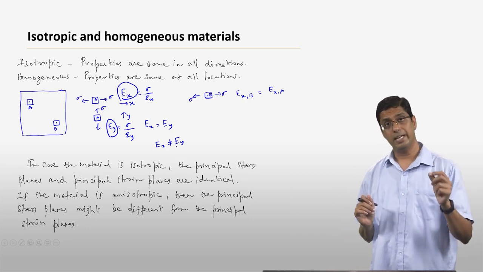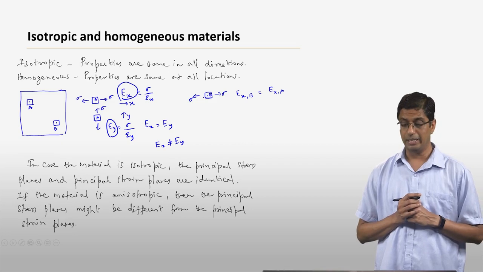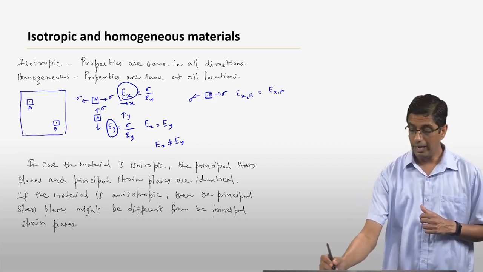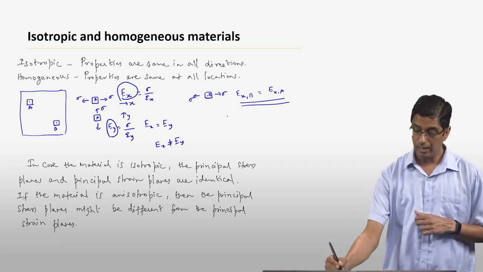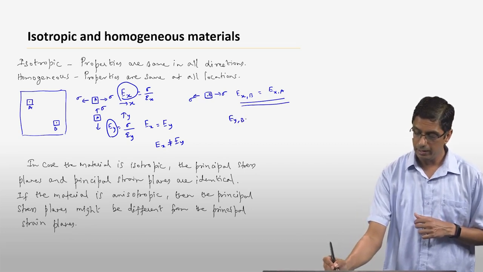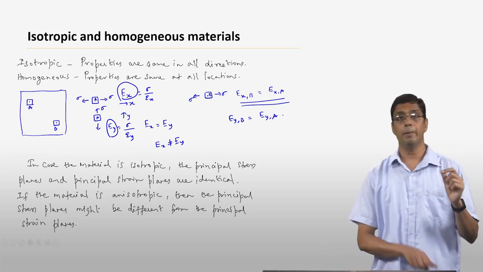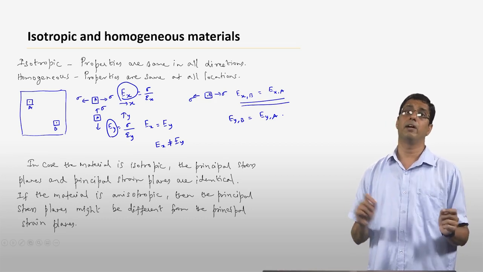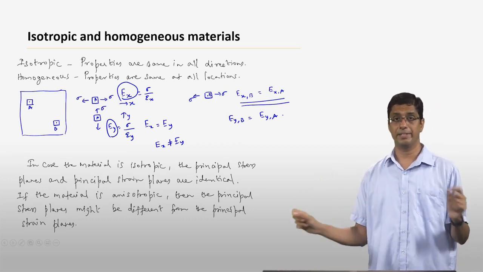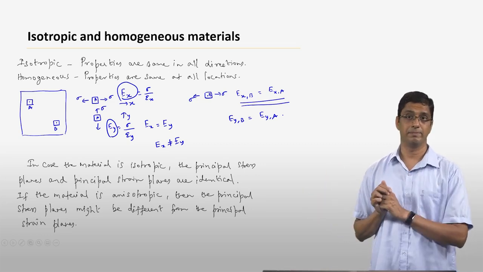But the material can still be homogeneous, because if I do the measurement at location B, I will have Ex at B equal to Ex at A and Ey at B equal to Ey at A. So the properties in the x and y direction could be different, but irrespective of the location where you're measuring, the property in a particular direction is the same.